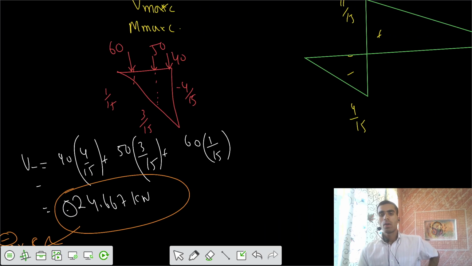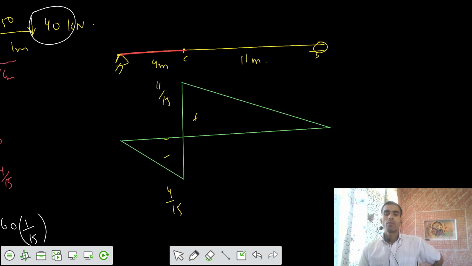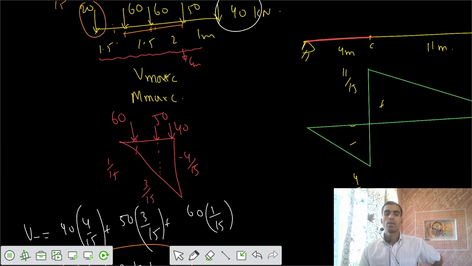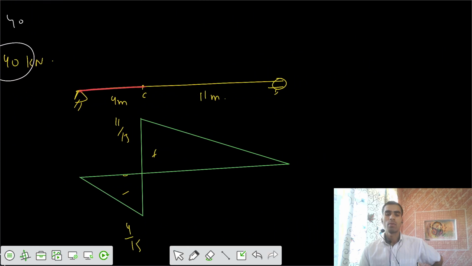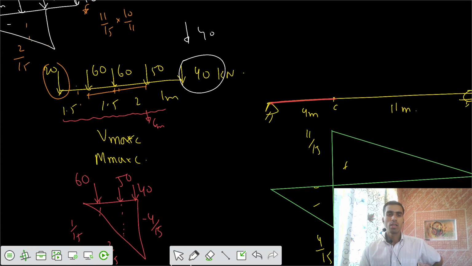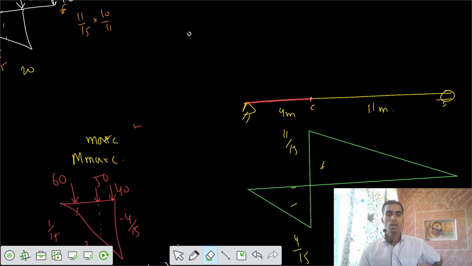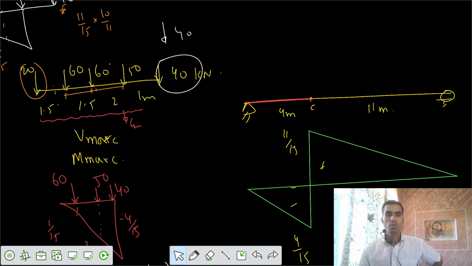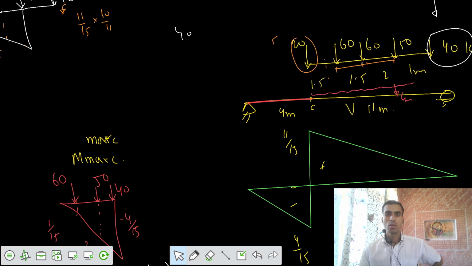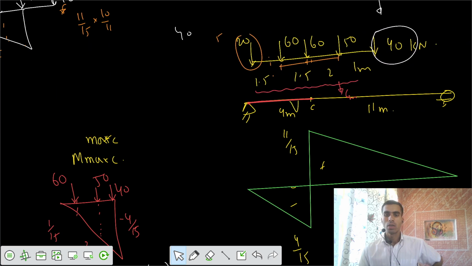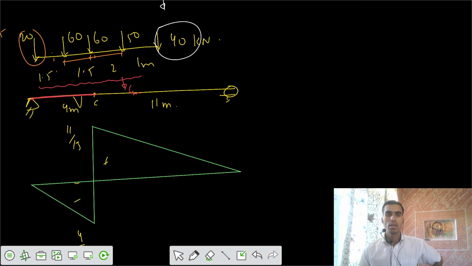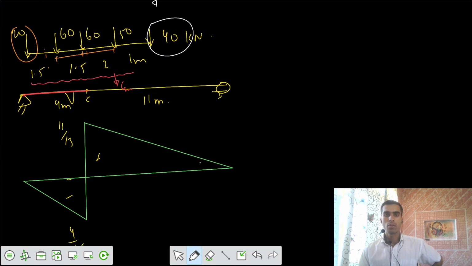Now we'll directly say that the shear force is maximum on the positive side. On the positive side we can have maximum shear force. If we take this side and we have these 5 loads acting here, moving in the left to right direction.